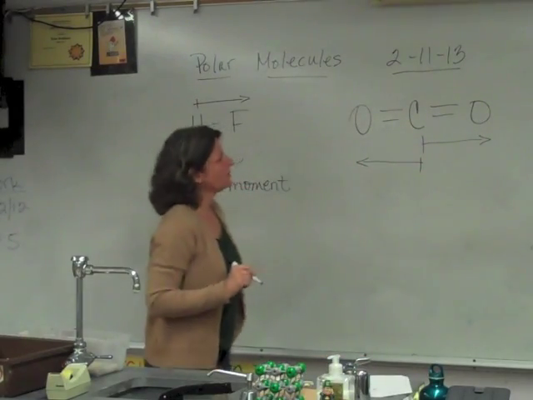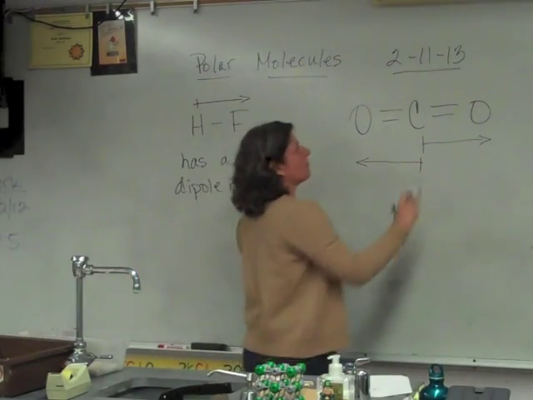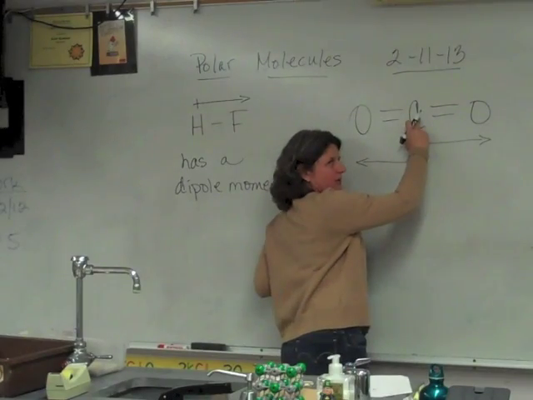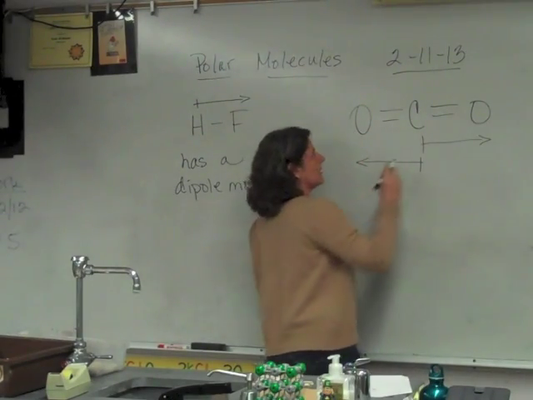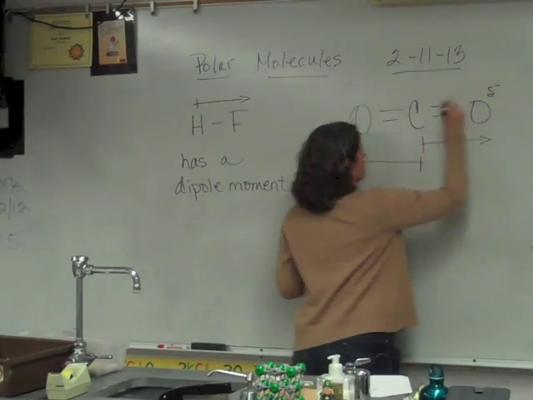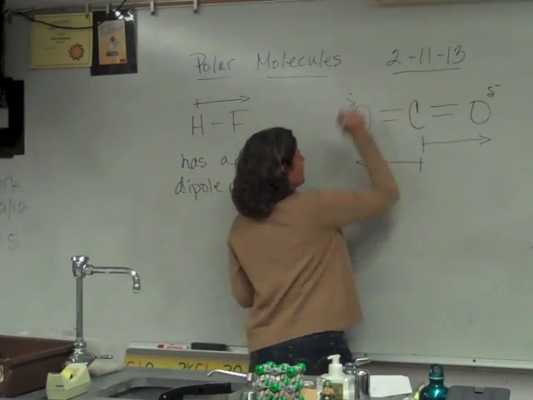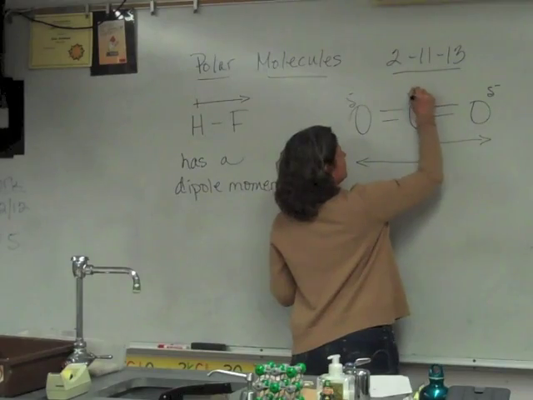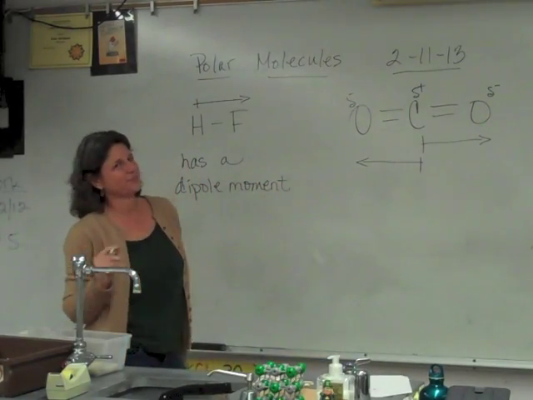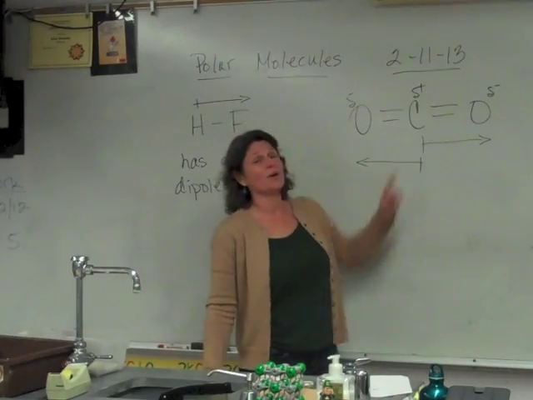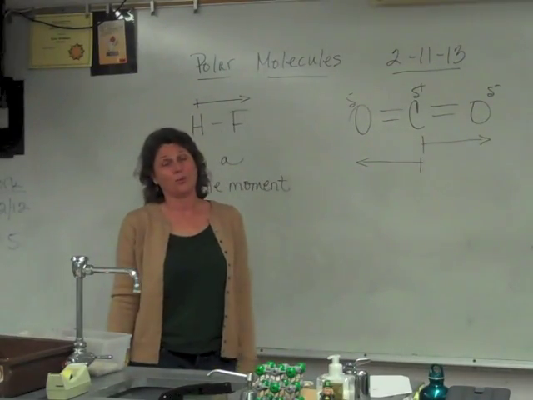So the electropositive carbon is in the center, and then we have oxygen being electronegative, oxygen being electronegative, right, and the carbon is electropositive. It's got two polar bonds, but is the molecule polar?